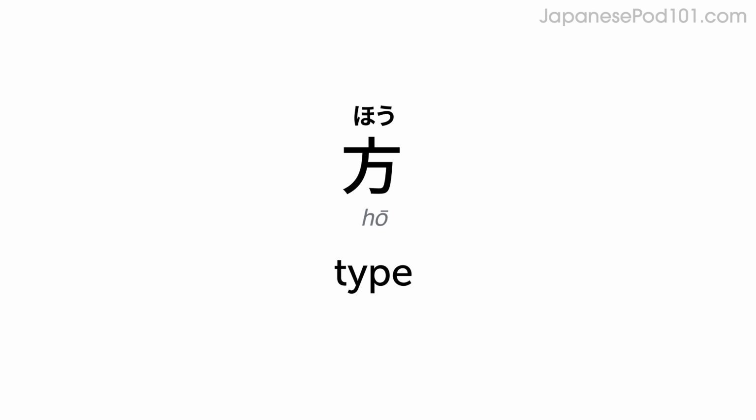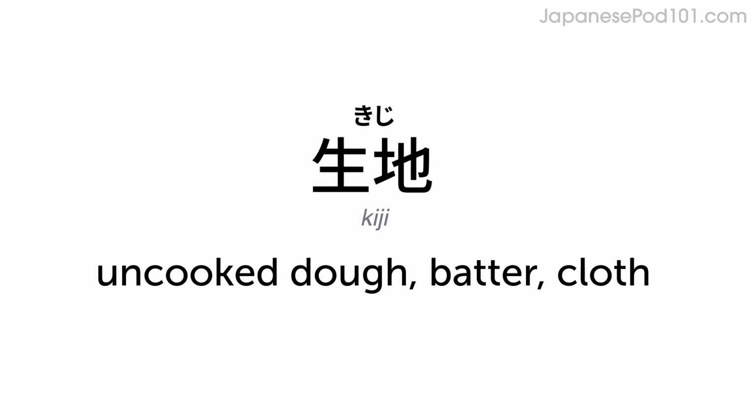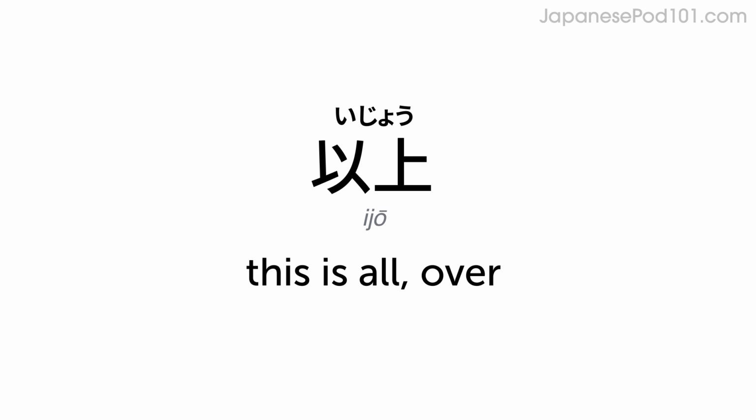Type. 厚い. Thick. 生地. Uncooked dough, batter, cloth. 以上. This is all. Over.